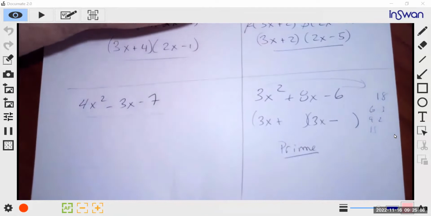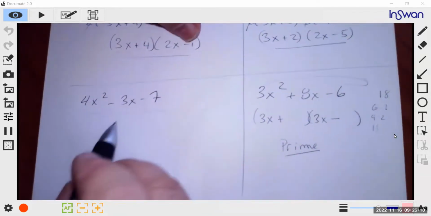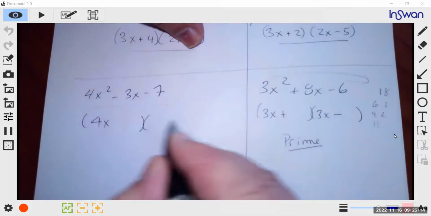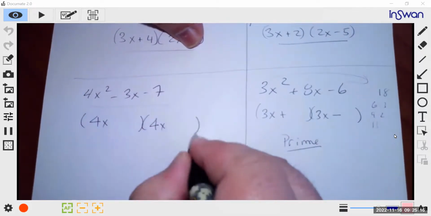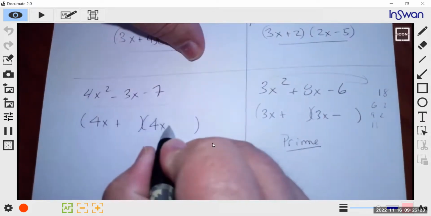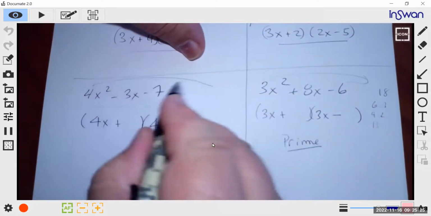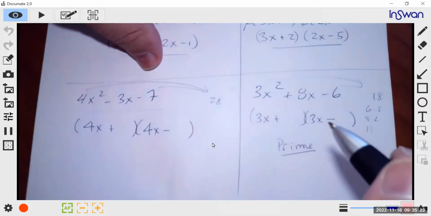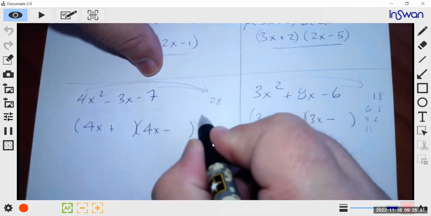This one. The opposite signs. 4 times 7 is 28. What times what's 28?